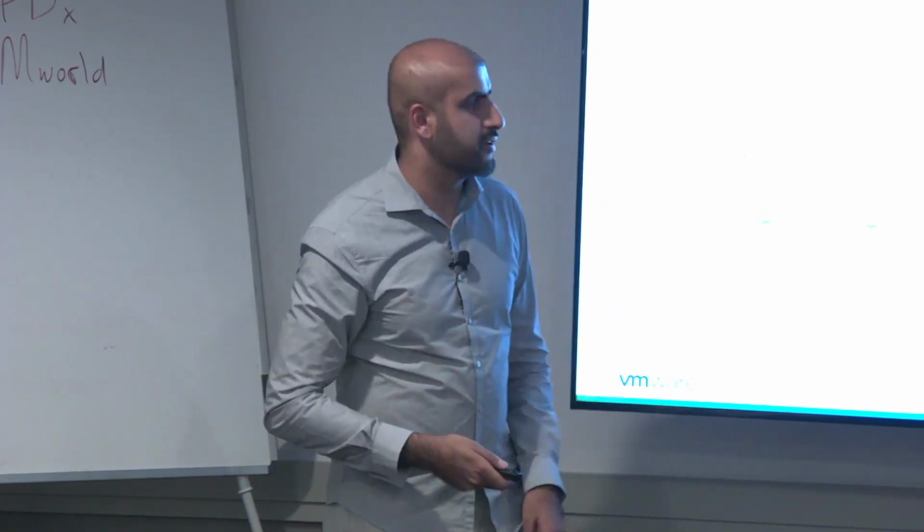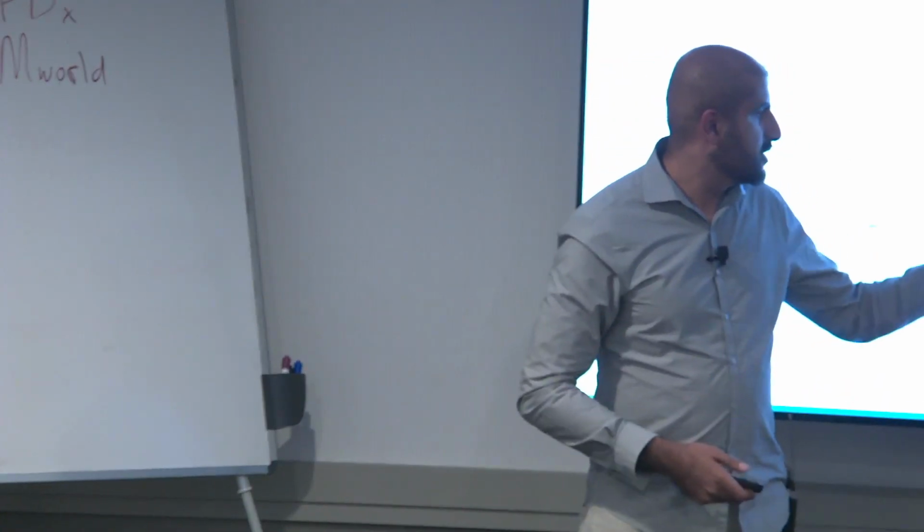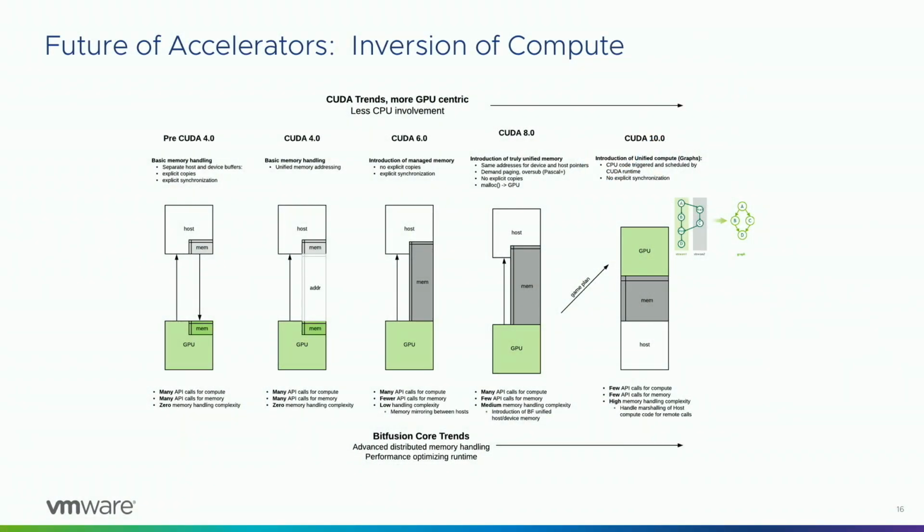In this case, it's not. The device is grabbing memory from the virtual address space of an application. That's profound. And in CUDA 10, since you have this flexibility, the GPU can run an entire program by itself.